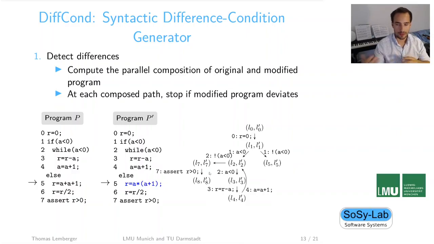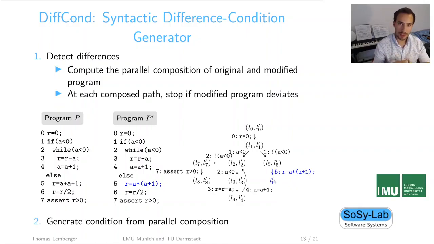Now we go to the else branch. And here we immediately encounter the modification in line 5. So we stop our composition here, and to mark this as a change, we only store the changed location, not both of the locations. Once we have this, it's easy to generate a condition from it.